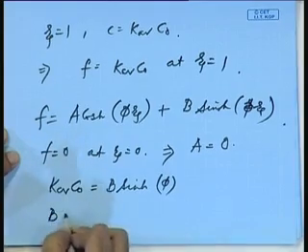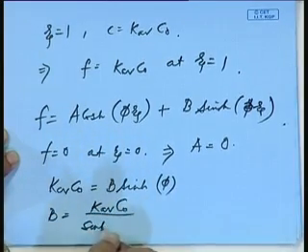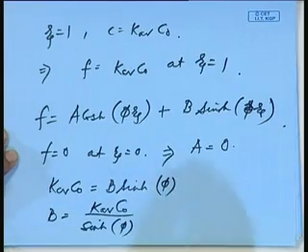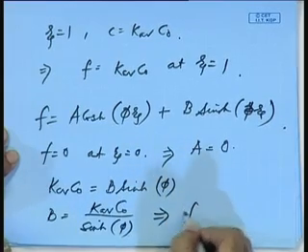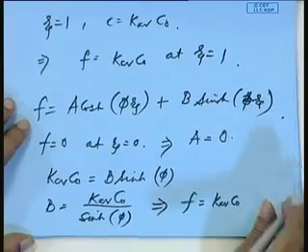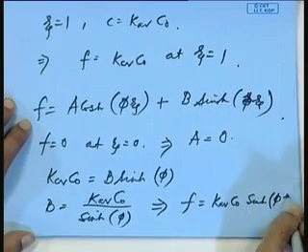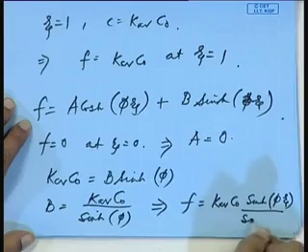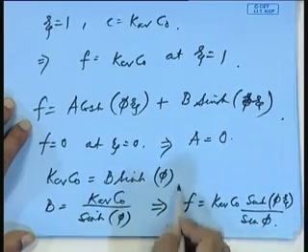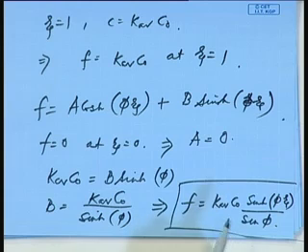So B equals KV C naught over sinh phi. That means my F is KV C naught sinh psi over sinh phi. So this is my final form for F that we get.